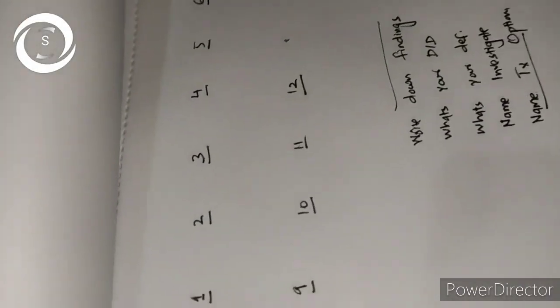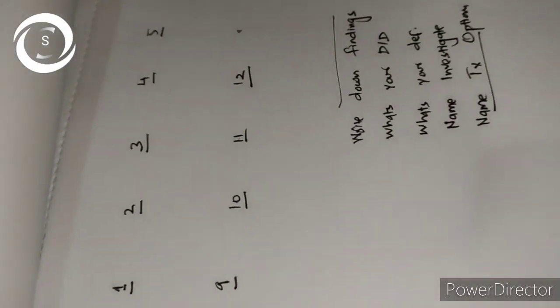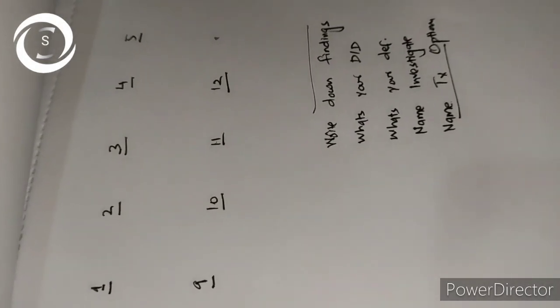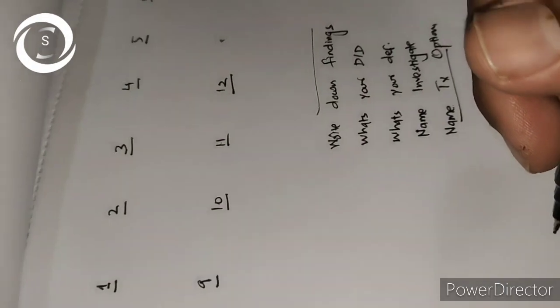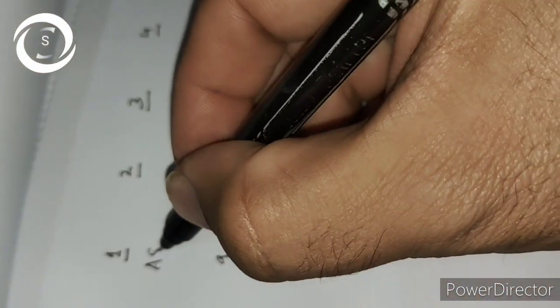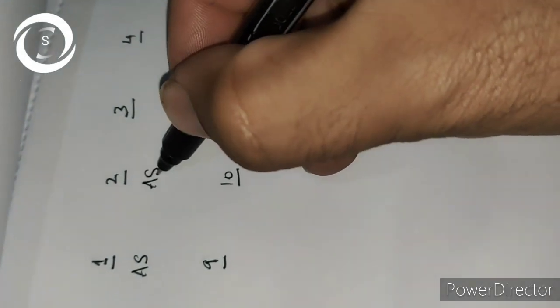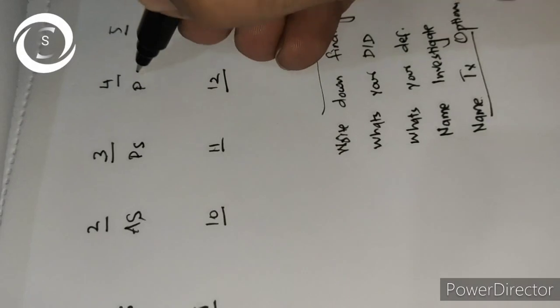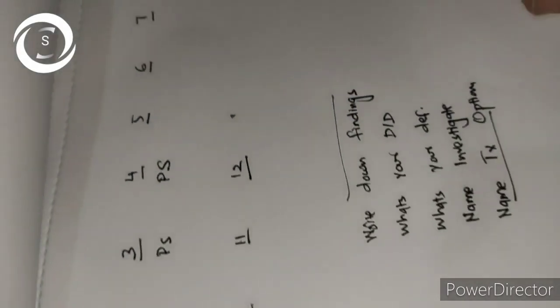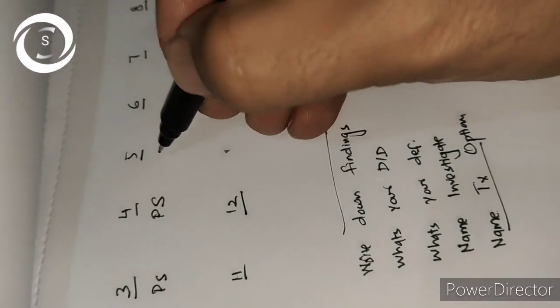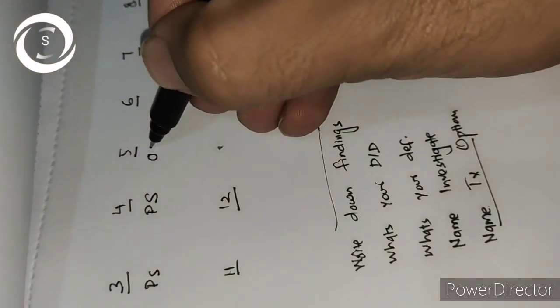Now, like you will have two colored pictures from the anterior segment, two colored pictures from the posterior segment. Then you will have one from ocular pharma.